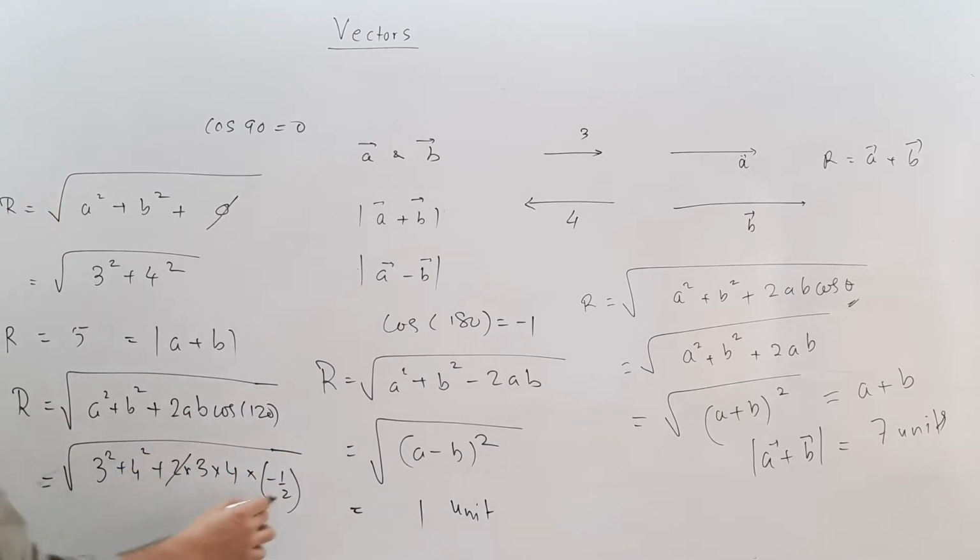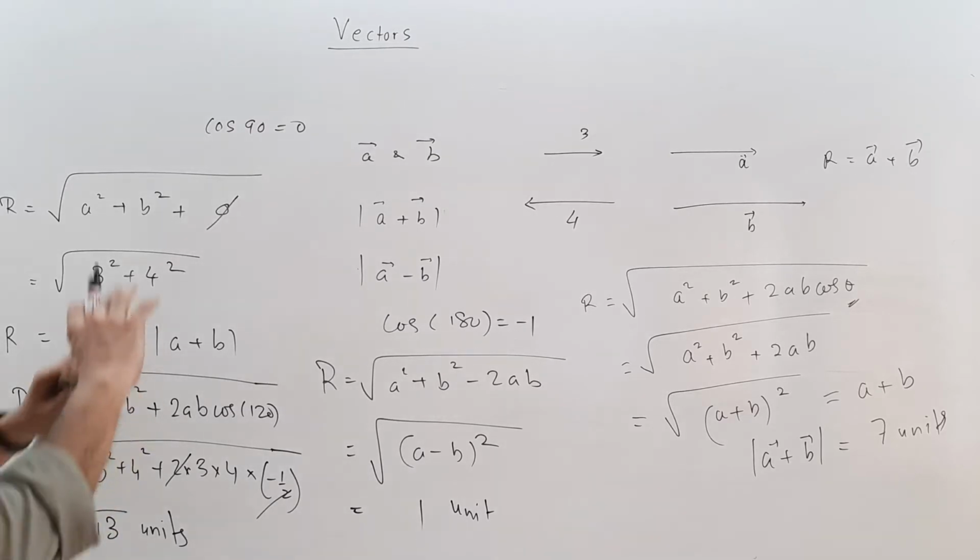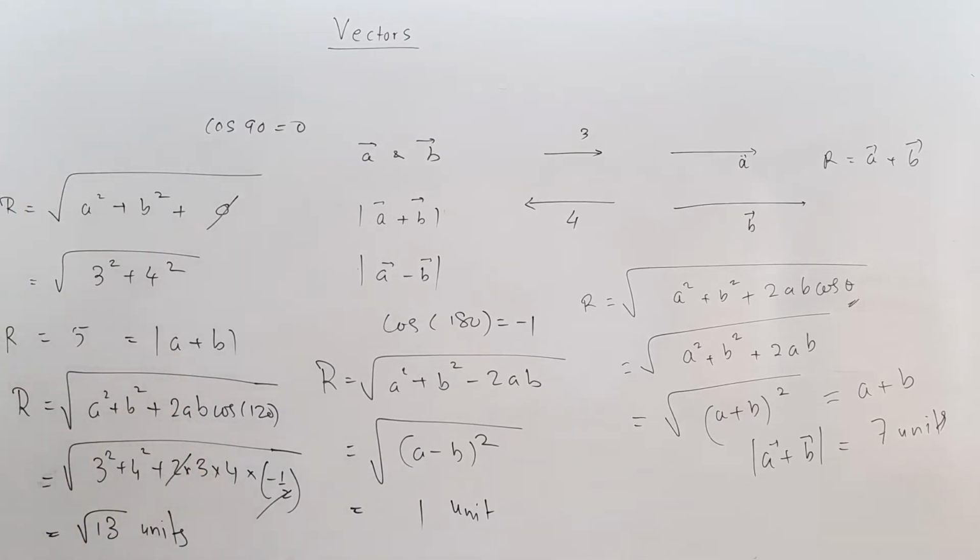So this 2 and 2 cancel, and thus we get 25 minus 12. So 25 minus 12 is going to be root 13. So this is going to be the magnitude of mod of A plus B. So in all the 4 cases, we have found mod of A plus B.